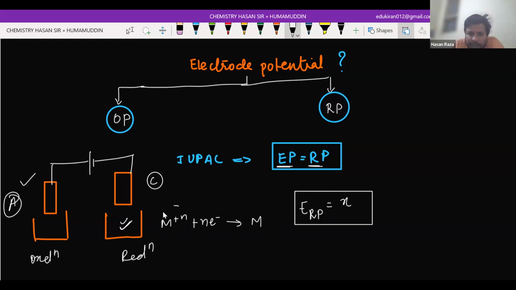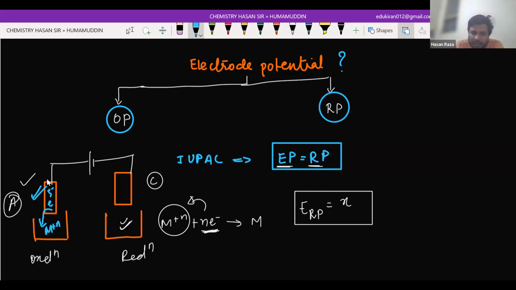If you can see, M plus N is getting n electrons. From where do these n electrons come? If you remember, these n electrons come from this anode, yes or no? Yes, sir. Now you know that this is oxidation.